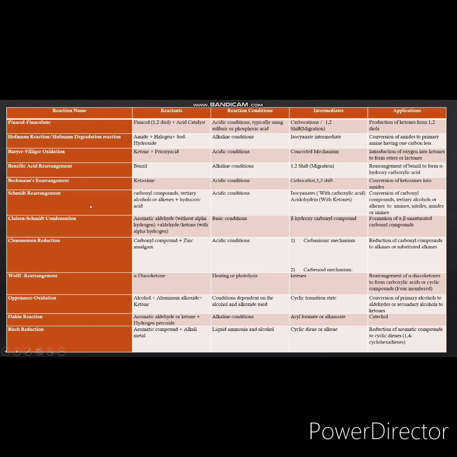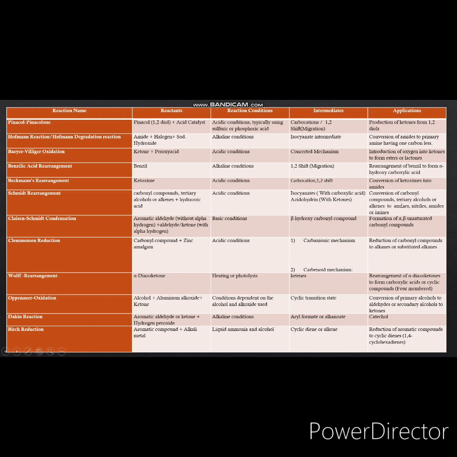Schmidt rearrangement, here we have to take carbonyl compounds, or we can also take tertiary alcohols or alkenes, and we have to take the characteristic hydrazoic acid. Acidic condition is required to be maintained, and the intermediate formed is isocyanate if we are taking carboxylic acids, and azidohydrin if we are taking ketones.